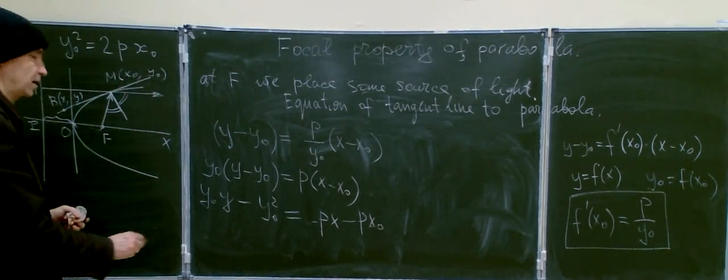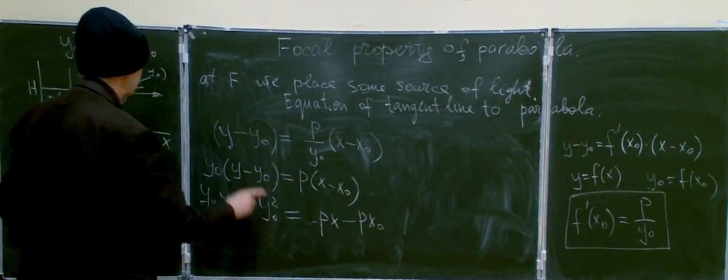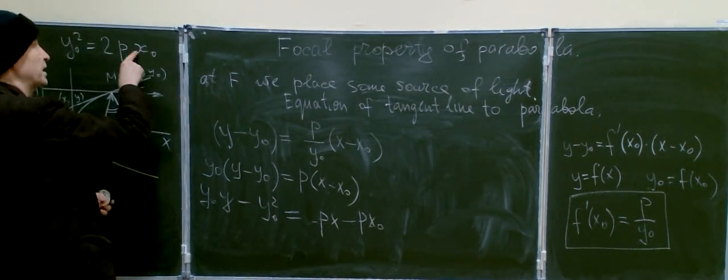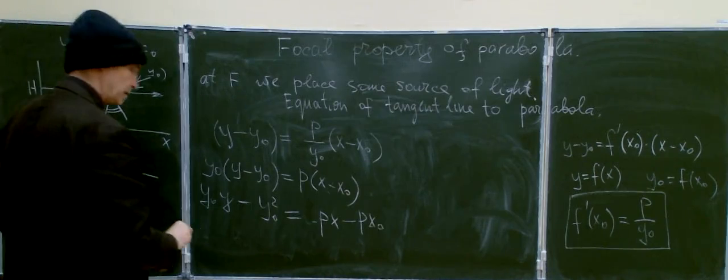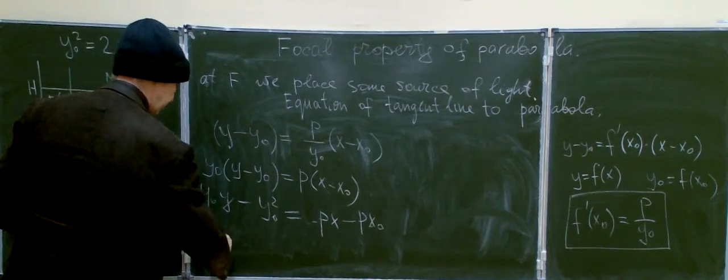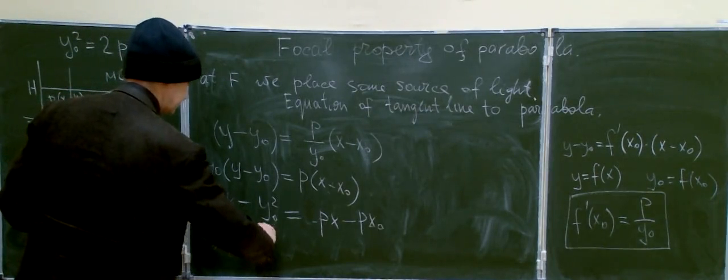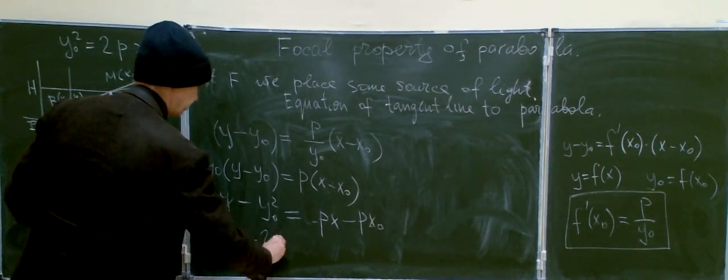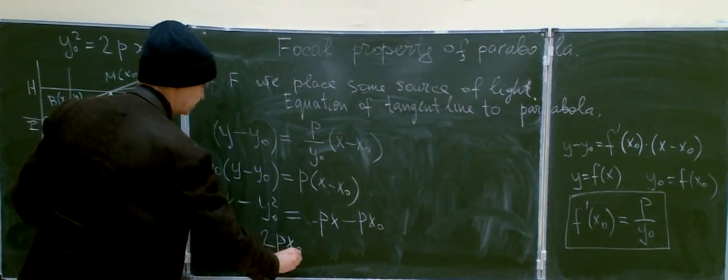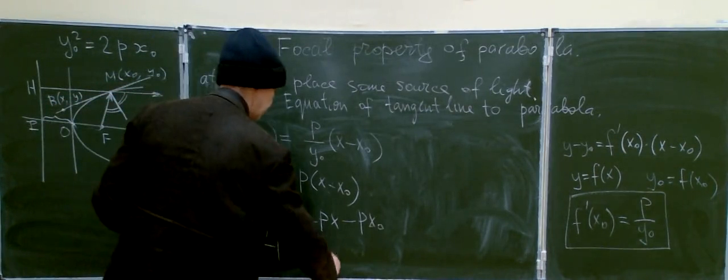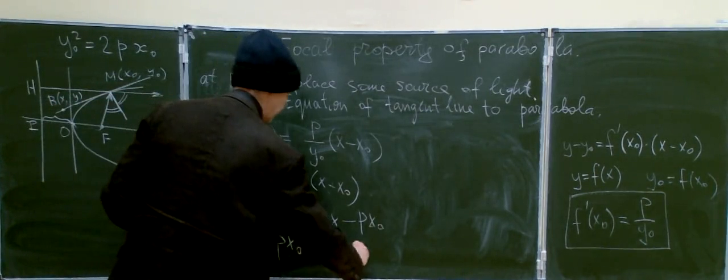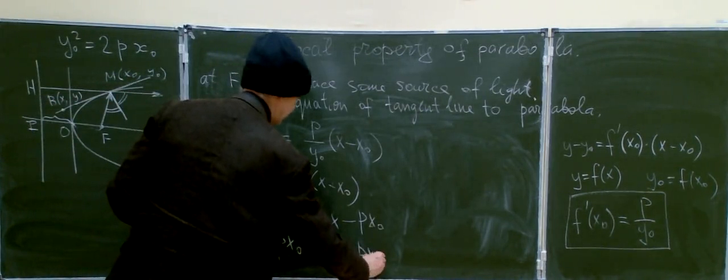So, y sub 0 squared is equal to 2 times p times x sub 0. Therefore, we can write y sub 0 multiplied by y minus 2px sub 0 is equal to px minus px sub 0.